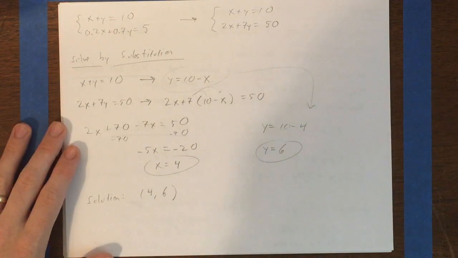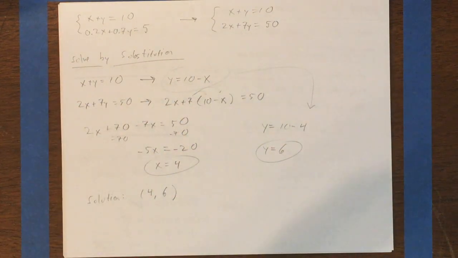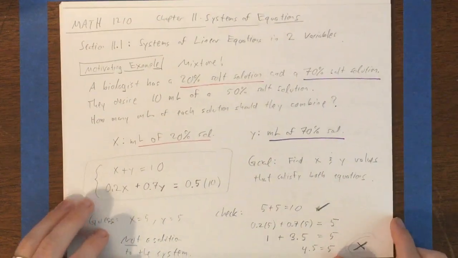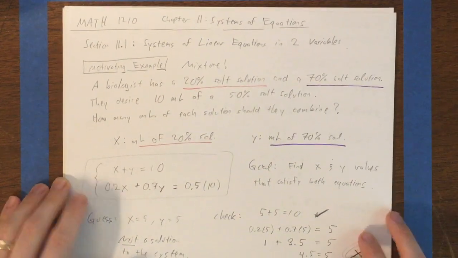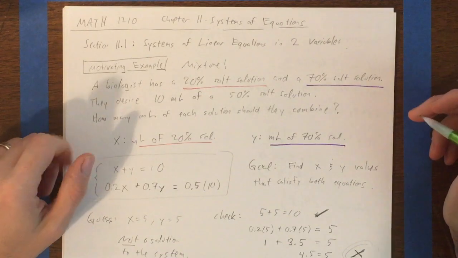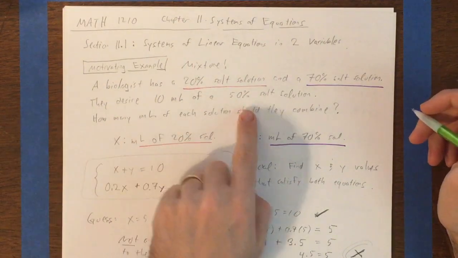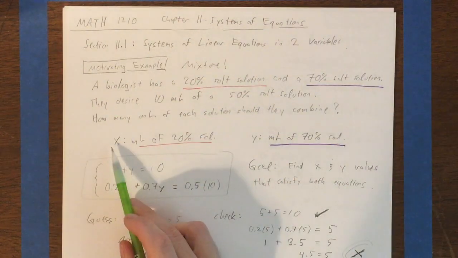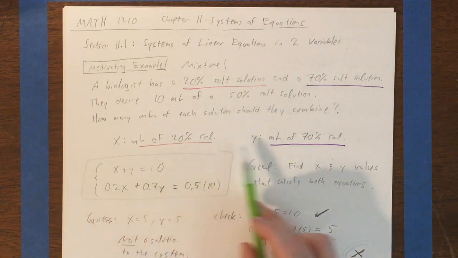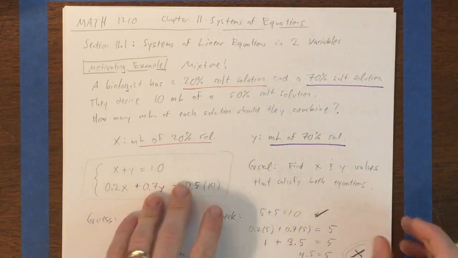But the real solution to this, the actual solution to this problem, has to do with what was originally being asked. So recall, we were asking about salt solutions and how many milliliters of each solution we should combine to achieve 10 milliliters of a 50% solution. And we said x was going to be the milliliters of the 20% solution, and y was going to be milliliters of the 70% solution.